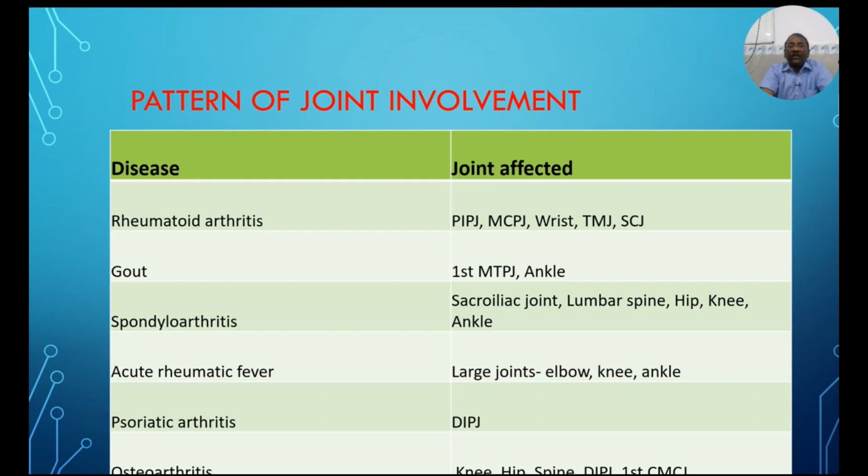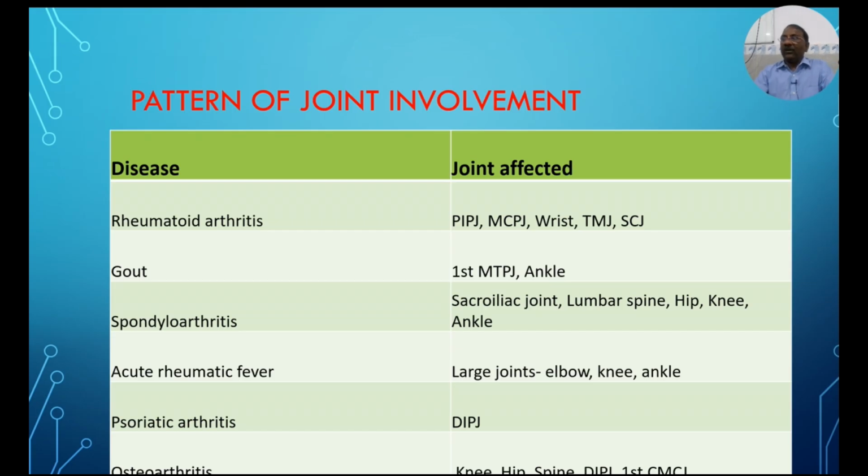This is a very important slide, it shows you the diagnosis. Suppose you are thinking of rheumatoid arthritis, what are the joints affected? Mostly the proximal interphalangeal joints, metacarpophalangeal joints, wrist, TMJ and SIJ. Whereas gout, MTPJ, metatarsophalangeal joint and ankles.